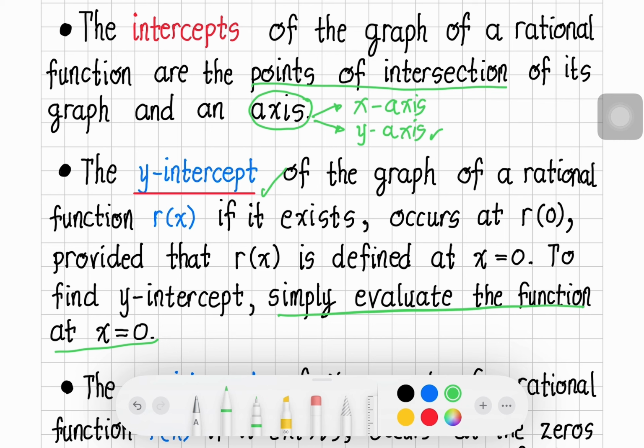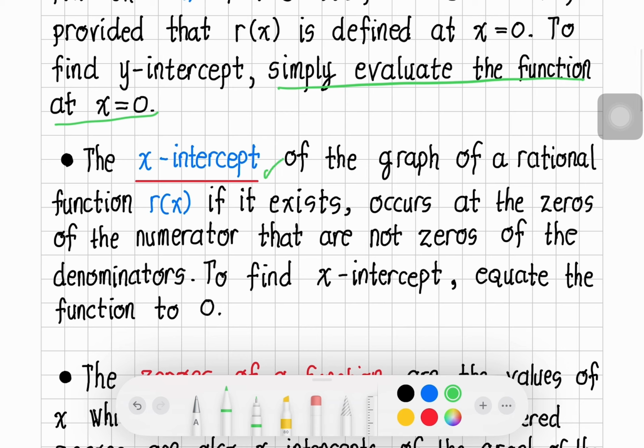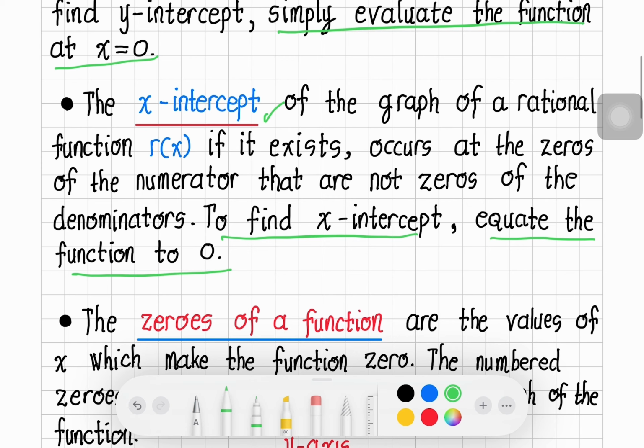And the point of intersection on the x-axis is called the x-intercept. So, to find the x-intercept, equate the function to 0. That means, guys, f of x can be written as y. So, we set that y to 0.